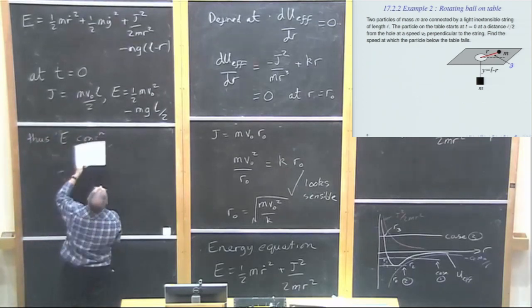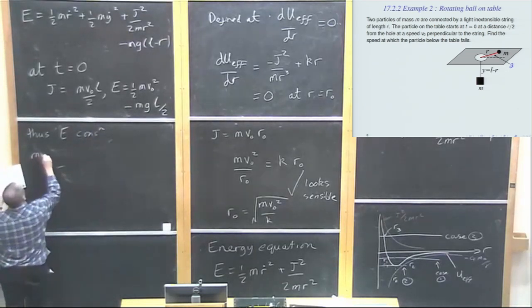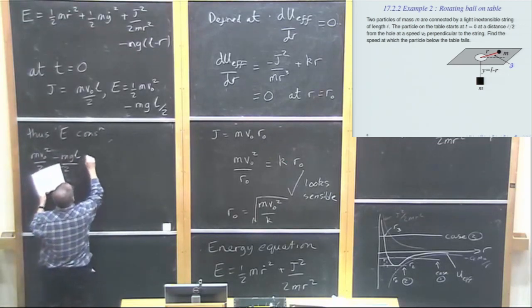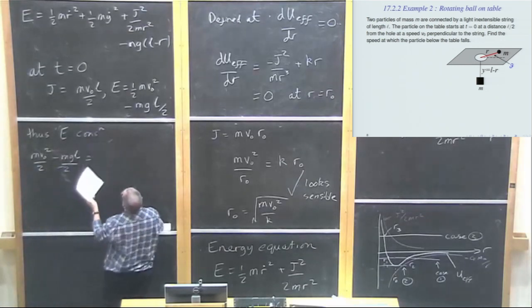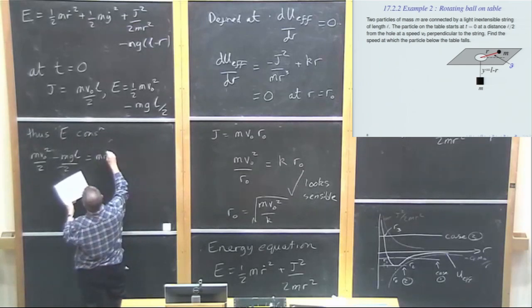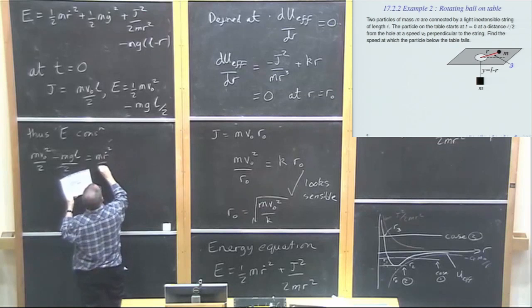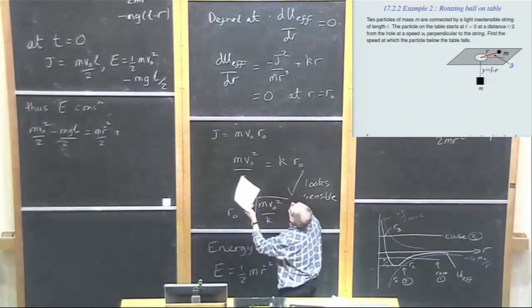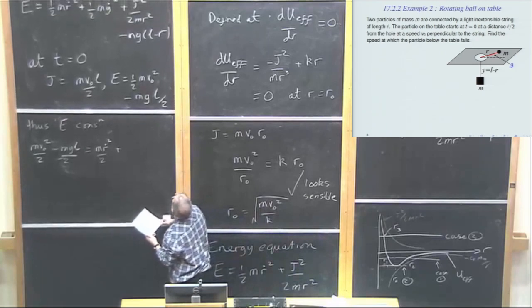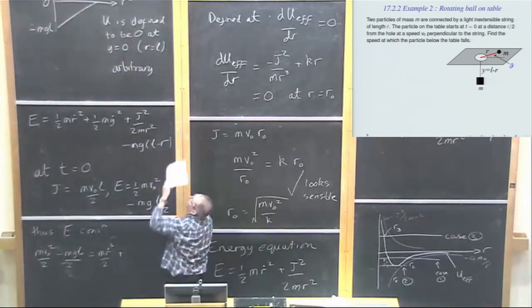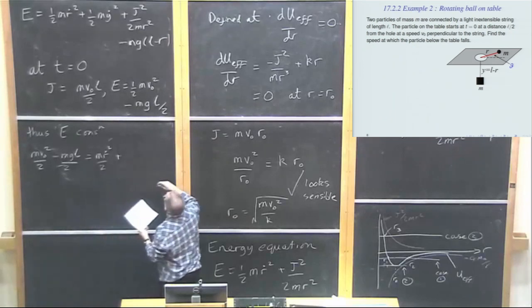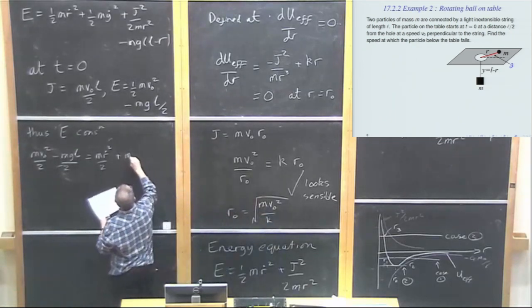So firstly, on the left-hand side, m v naught squared over 2 minus m g L over 2 equals, on the right-hand side, m r dot squared over 2 plus m y dot squared over 2. But y is no more than L minus R, and L is a constant, so y dot is minus R dot, and if we square it, we get another m r dot squared over 2.